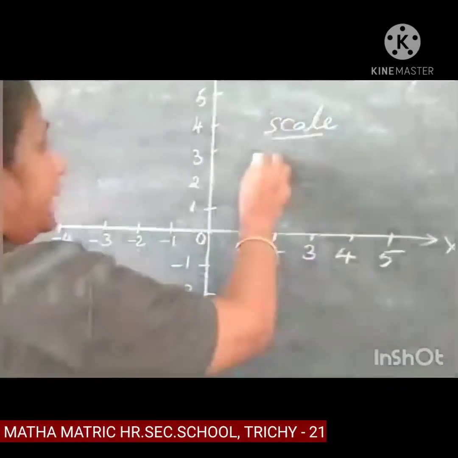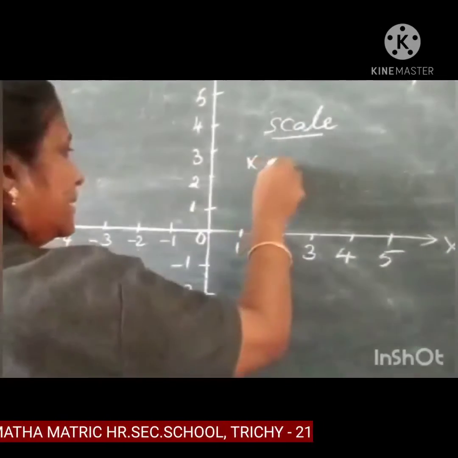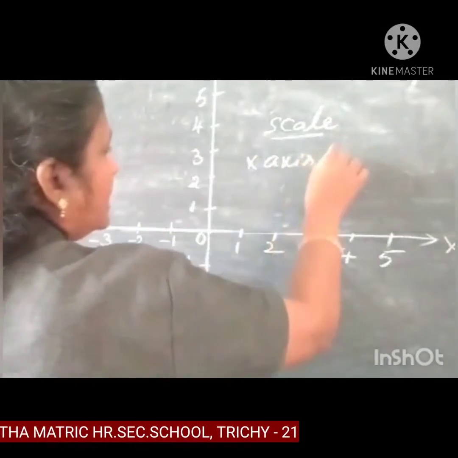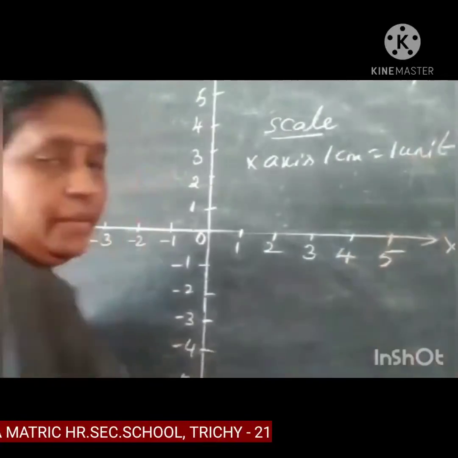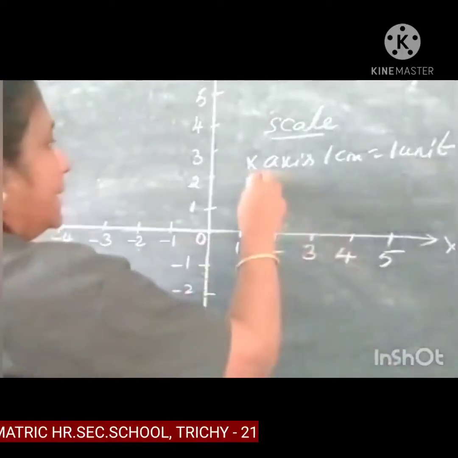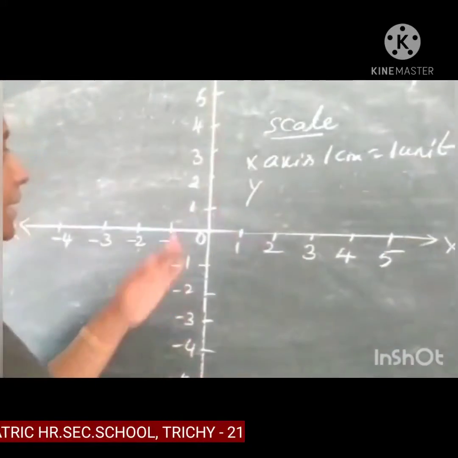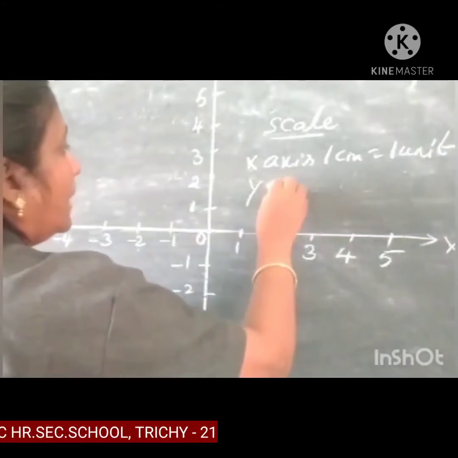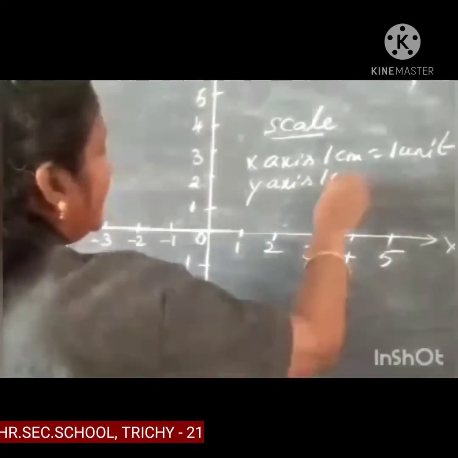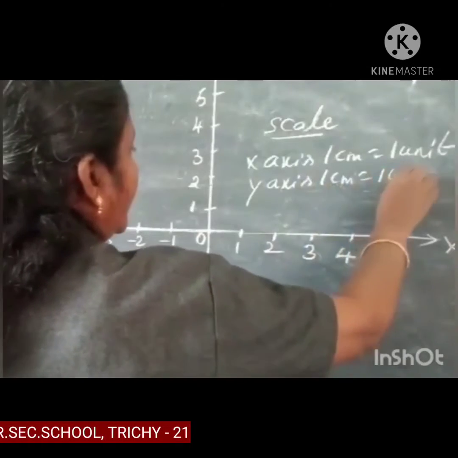How to write? On the x-axis, 1 centimeter equals 1 unit, counting numbers. Here on the y-axis also we are giving 1, 2, 3 counting numbers only, each one 1 centimeter. So on the y-axis, 1 centimeter equals 1 unit.